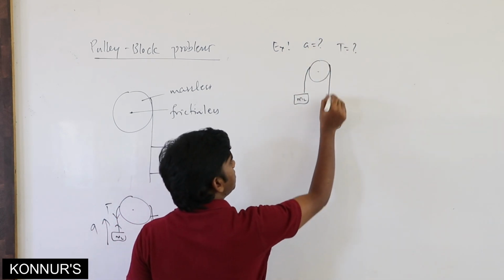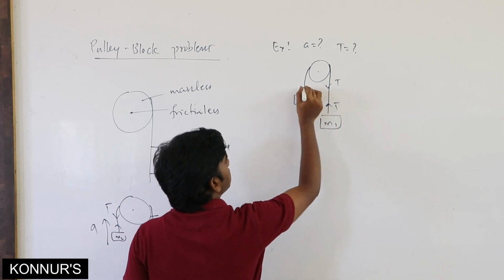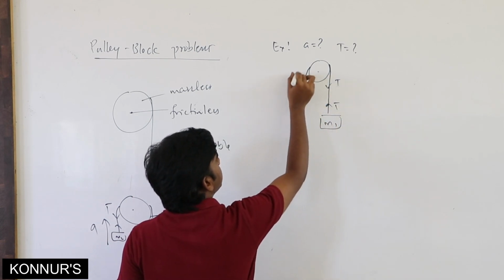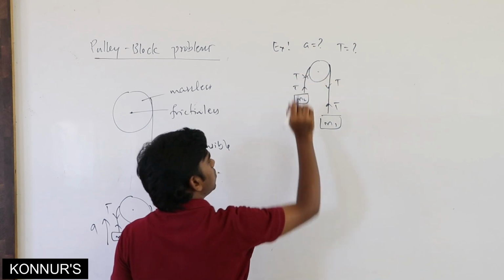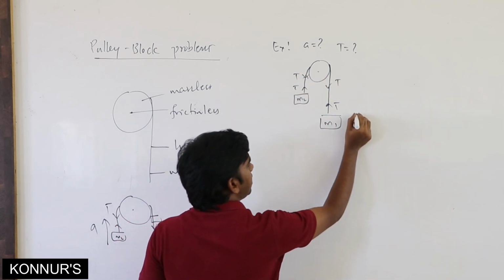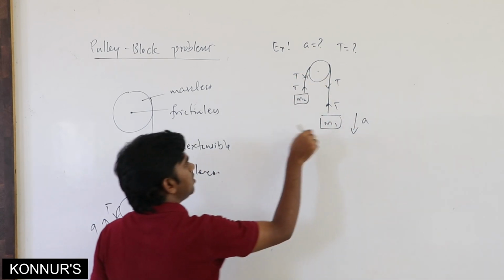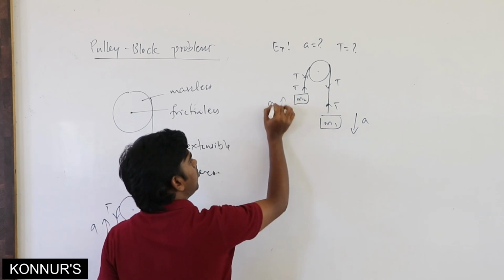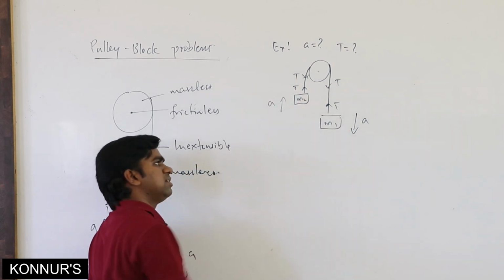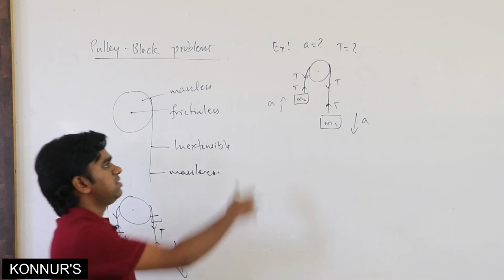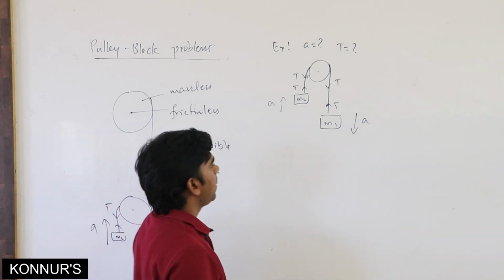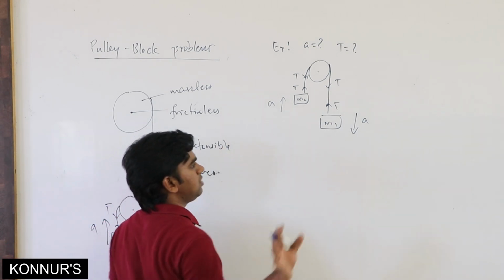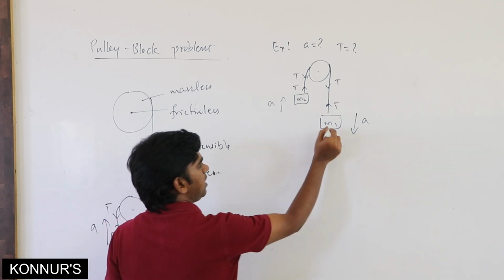First write tension here, so the tension is going to be the same. What is the acceleration direction here? It is downward here, and upward there. Obviously if one is downward, the other is going to be upward, or you can change the direction also, you will get the different sign, that is not a problem. So write the net force on this one.